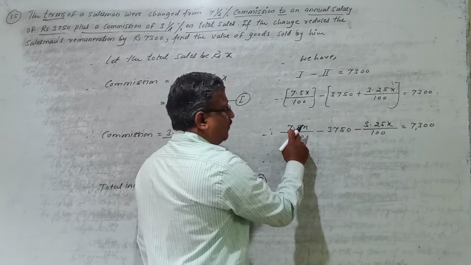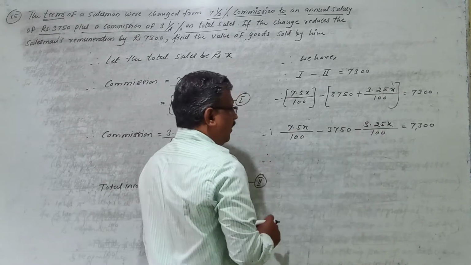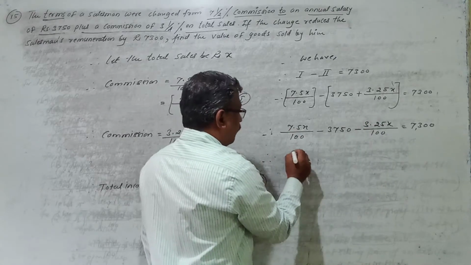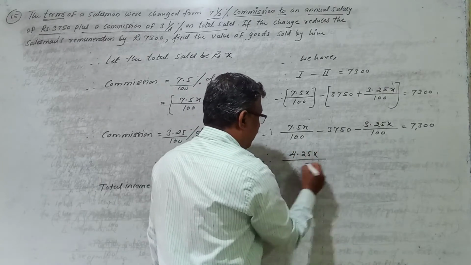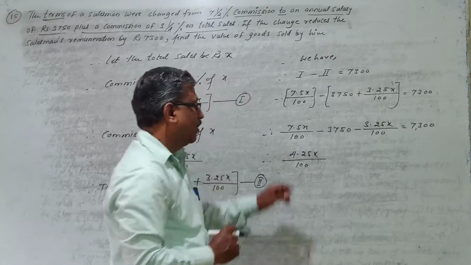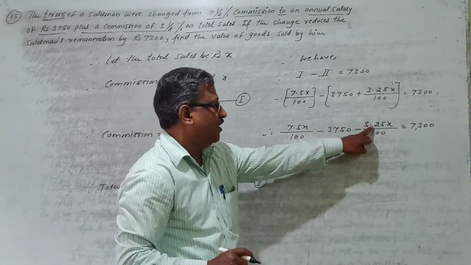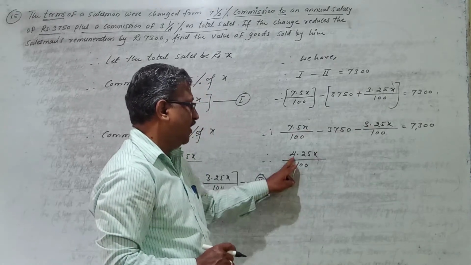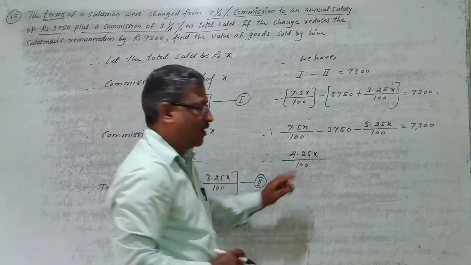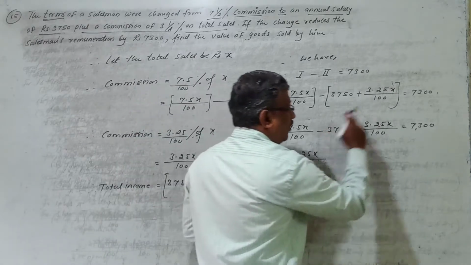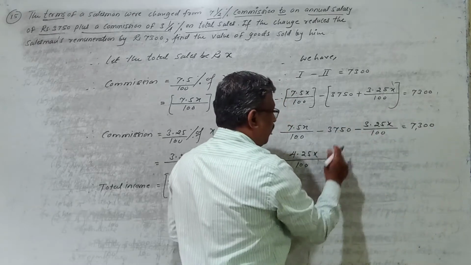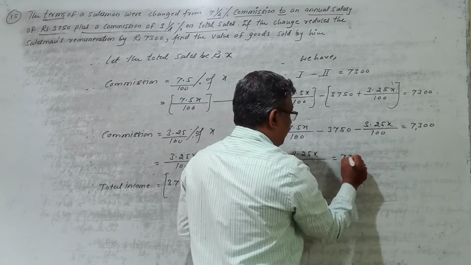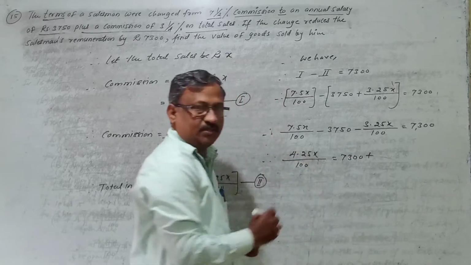From 7.5x you minus 3.25x, and you get 4.25x divided by 100. This value you transfer to this side. So this is minus, it becomes plus. So equal to, this 7,300 remains as it is.